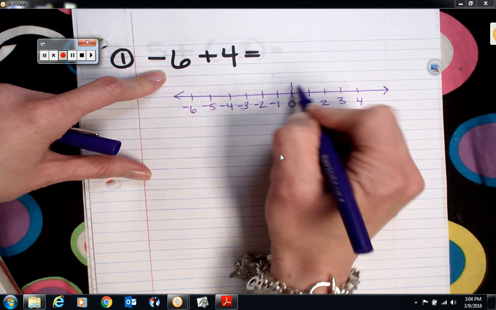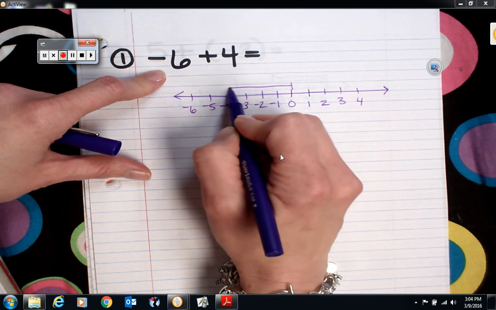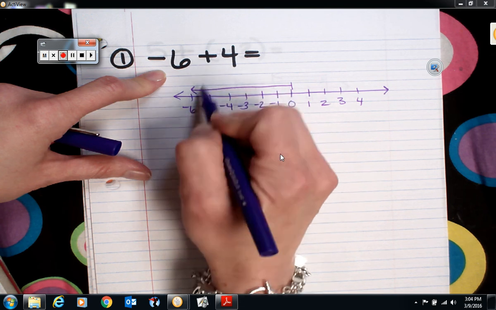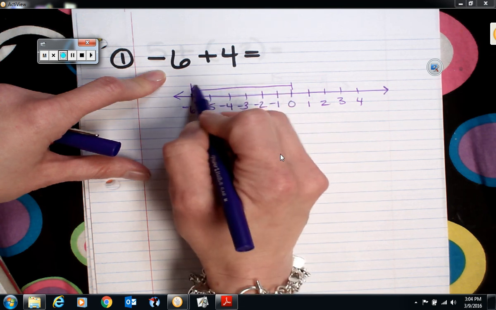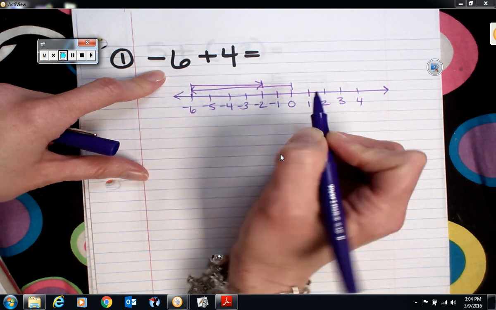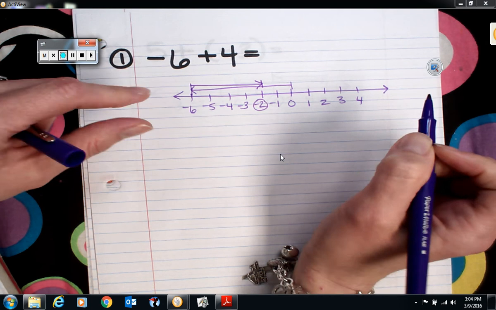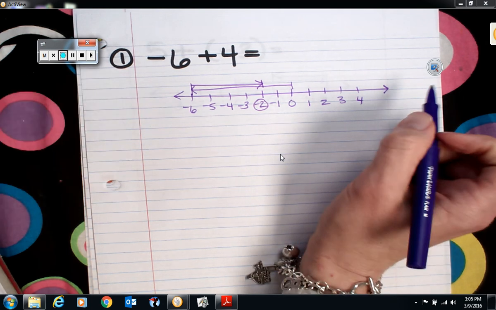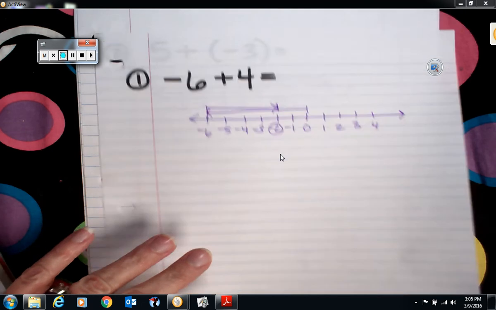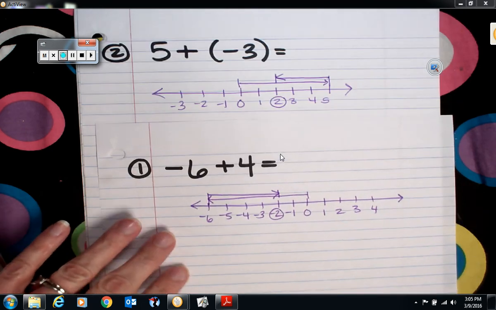And if I start at 0 and subtract 6, I end up at -6, and then I want to add a +4 to that. So I'm going to change directions and add a +4 to the right. I end up at -2. Again, proving that the sum of -6 and 4 is -2, and the sum of 5 and -3 is a +2.